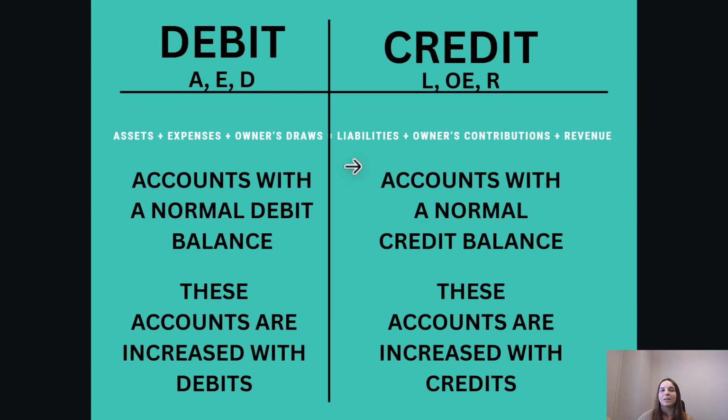So I'd literally write out the expanded accounting equation. I'd make everything positive, I'd put a line through it, and I would put debit on one side and credit on the other. So I knew everything under the debit column was increased with the debit, everything under the credit column was increased with the credit. If you just write that out, every test that you have, every assignment, soon you will memorize it. It's literally just something that you have to memorize, unfortunately.